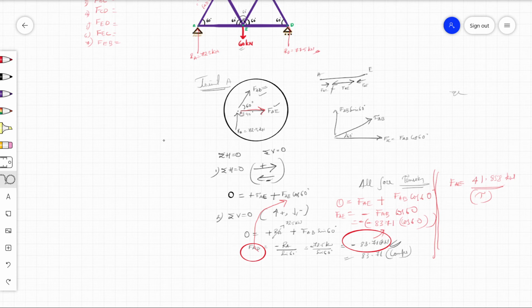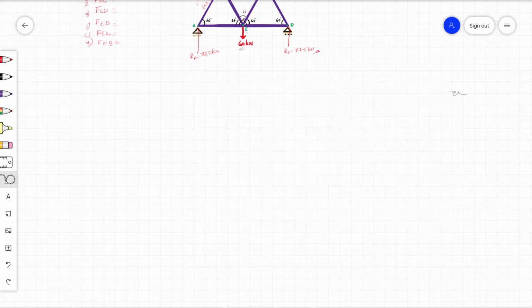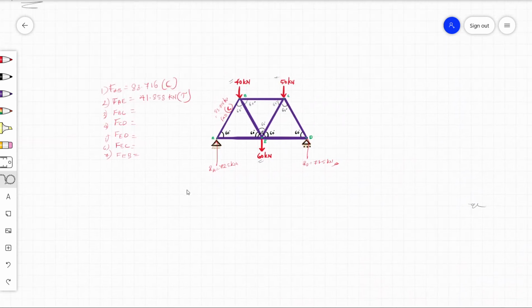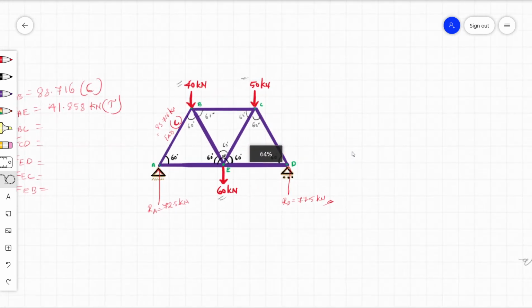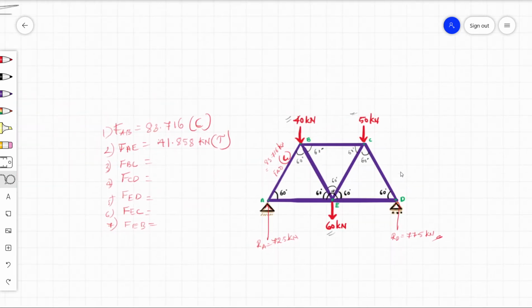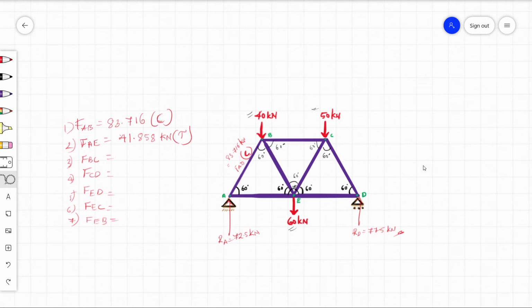Okay, let us go with the joint B. Start noting down as it goes. Joint B. What is the force?